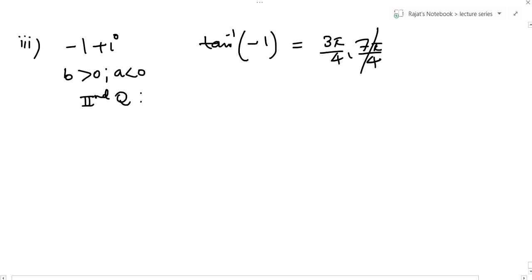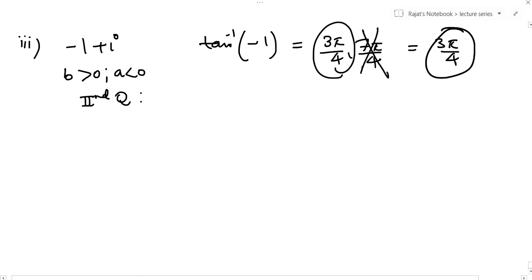But 7 pi by 4 lies in the fourth quadrant. So in the previous lecture, we found that 3 pi by 4 is the argument for this complex number. Does 3 pi by 4 lie between minus pi and pi? Yes. 3 pi by 4 is 135 degrees and pi is 180 degrees. So 3 pi by 4 is between these. So this is also the principal value.